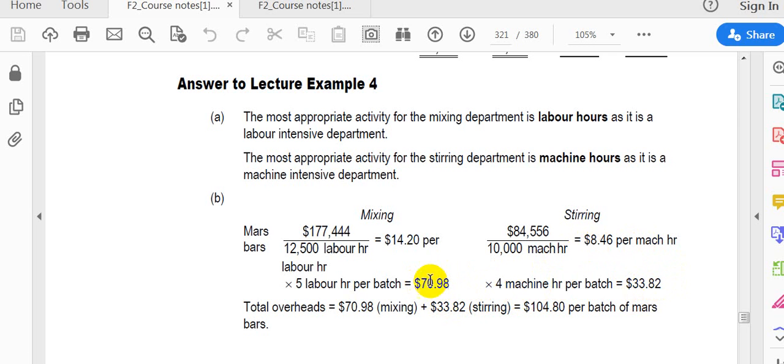You then add the totals, 70.98 plus 33.82, give us a total of $104.80 per batch of mass bars.